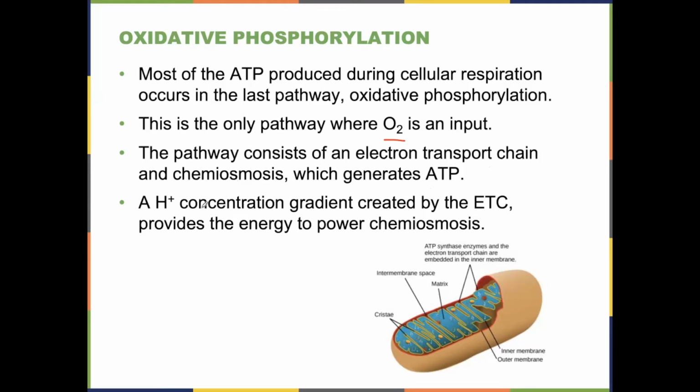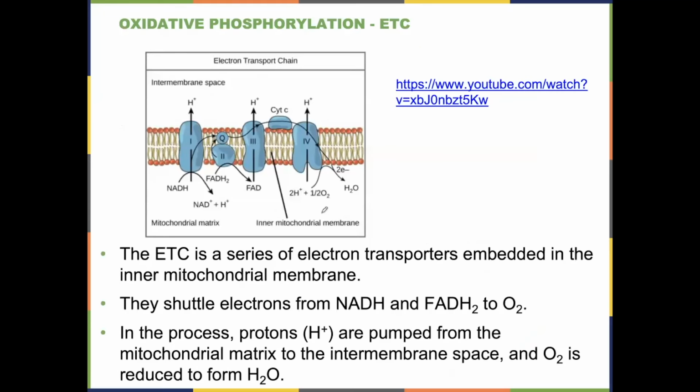The process of electron transport actually builds up a hydrogen ion concentration gradient, which, if you remember, is one of the types of potential energy. And we actually use the energy from that in order to power the synthesis of ATP. The first part of oxidative phosphorylation is the electron transport chain.